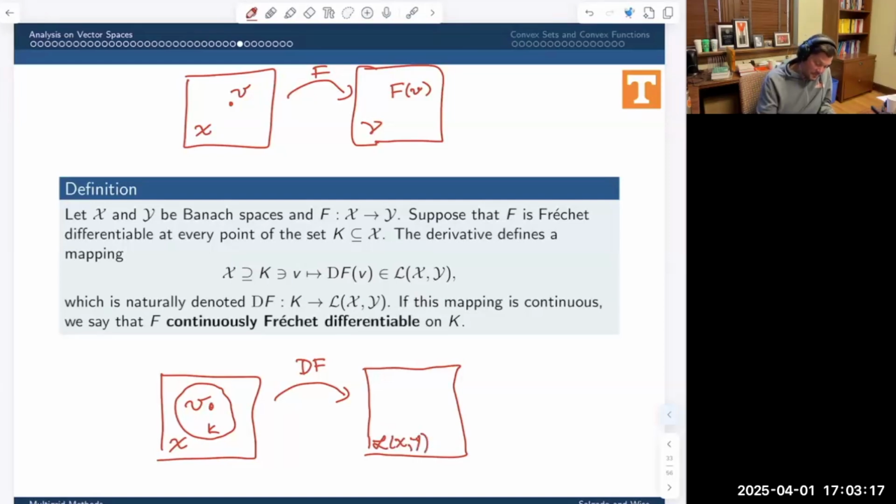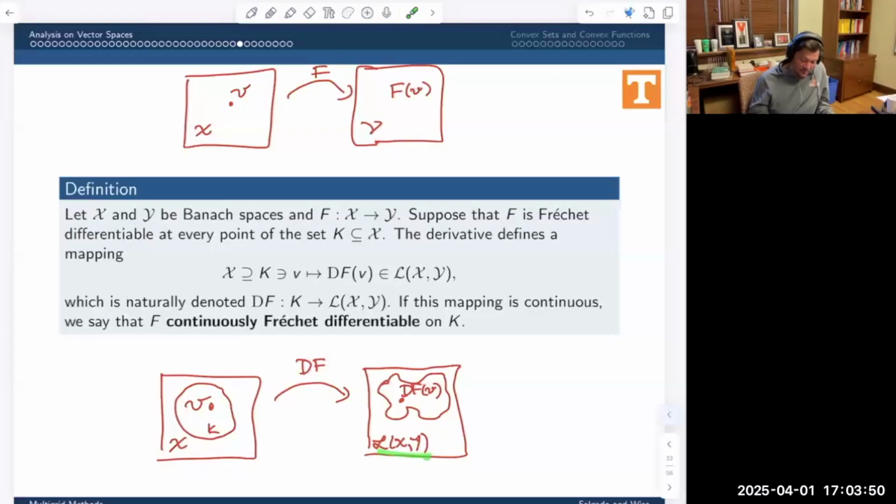So once I reach this point over here, what is that object, df of v? It's not a simple point in a simple Banach space anymore. It's a function, okay? It's a linear operator now. So this set might get mapped to this squiggly set here. This is the image of K under this differentiation mapping. So it's getting mapped over here to this space.